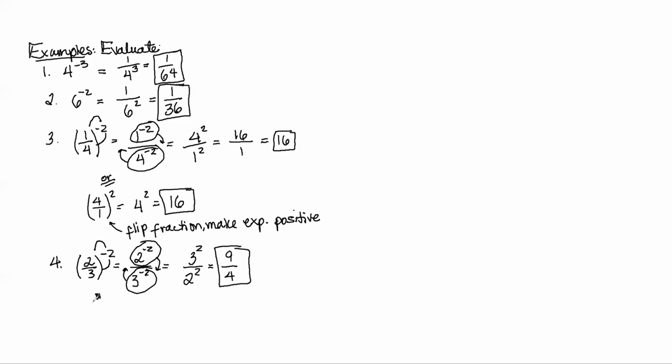With the shortcut here, I'm going to flip the fraction, make that exponent positive, and unlike the one that we had last time with the 4/1, we do have to go ahead and distribute this. So we get 3 squared over 2 squared, and that gives us the 9/4.